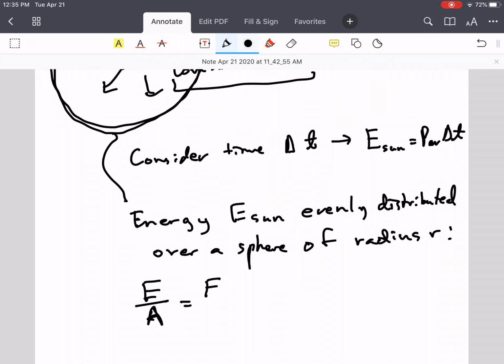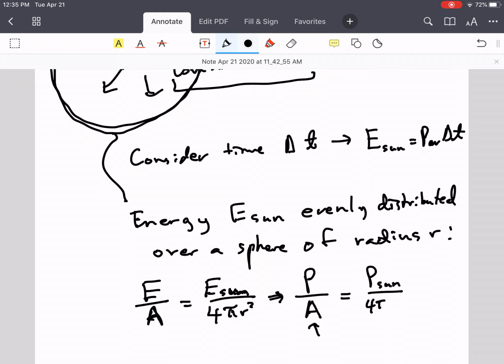That's just the energy of the sun divided by the area, 4 pi r squared. That's the surface area of a sphere. Or in other words, the power that hits the Earth per unit area, so for example, this would be like the cross-sectional area of the Earth, is equal to the power produced at the sun divided by 4 pi r squared.